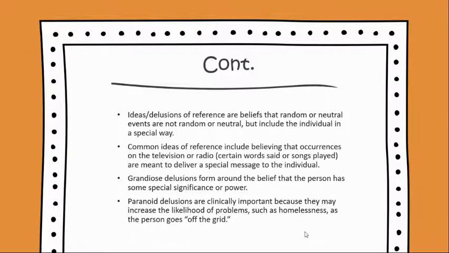Ideas or delusions of reference are beliefs that random or neutral events are not random or neutral, but include the individual in a special way. Common ideas of reference include believing that occurrences on the television or radio, certain words said or songs played, are meant to deliver a special message to the individual.